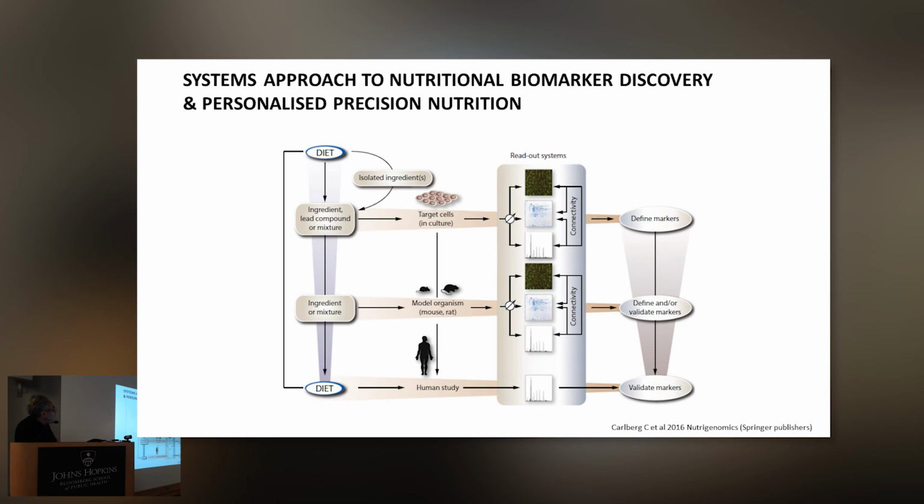Okay, so coming to systems approaches, we can explore the diet at a cellular level, in vitro and in culture. You can look at animal models, you can look at the human, and you can look at all the multi-omic approaches that you can use to study this.